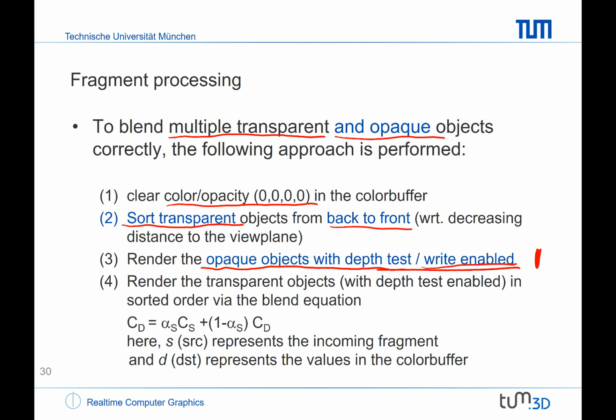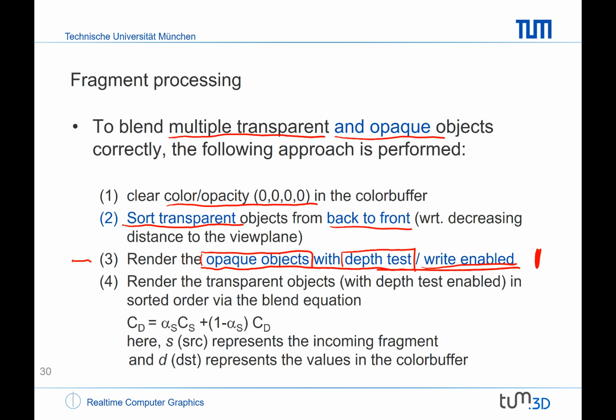That is what is meant by write enabled. So that means that after this step, what we see in the color buffer is the surface points of the frontmost objects, the objects closest to the view plane, but only of all the opaque objects. In the depth buffer, we have the distance to the closest opaque objects.